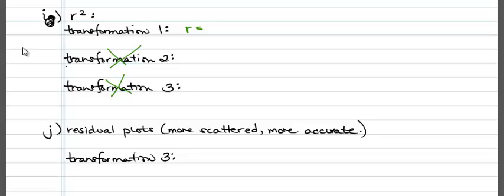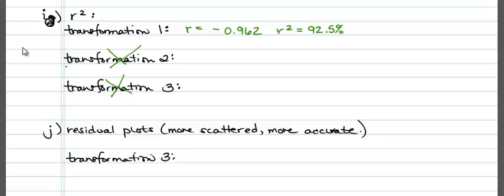So for this one, we end up with R equals negative 0.962 or something like that. So our squared value was 92.5. And it's pretty tied with the last one that we did on the front part of this page that was also around 92%. But the residual plot is really much more accurate.